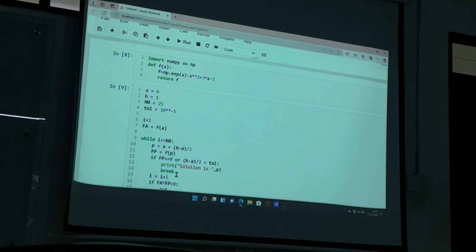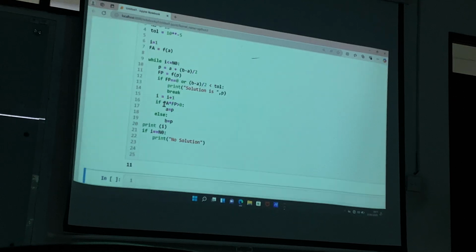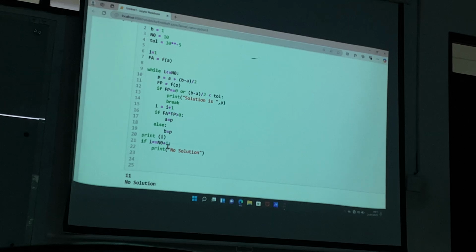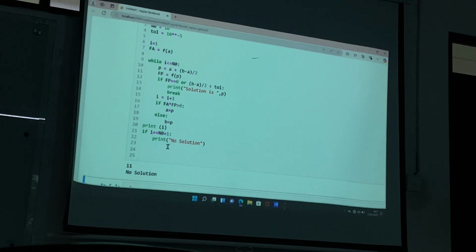Because you got the answer at 17 iterations, if I limit the maximum iterations to 10, then the answer will be no solution.